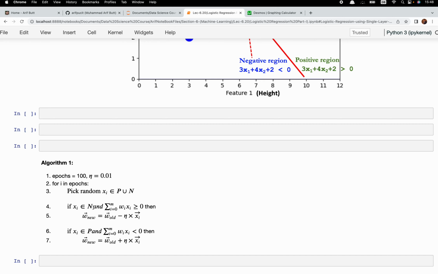If it is a negative point in the positive region, I subtract learning rate times feature vector from the old weight. If it is a positive point in the negative region, I add. My dear students, do note that in each iteration, we update the weights only if the randomly selected point is misclassified. Otherwise, we are making no change to the weight vector.